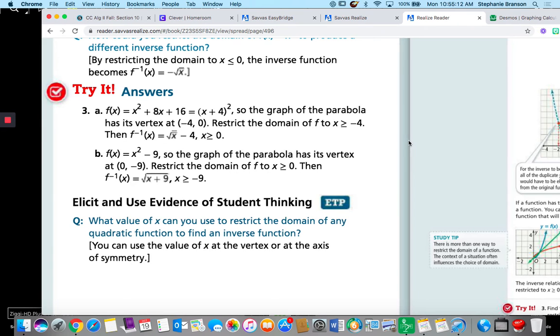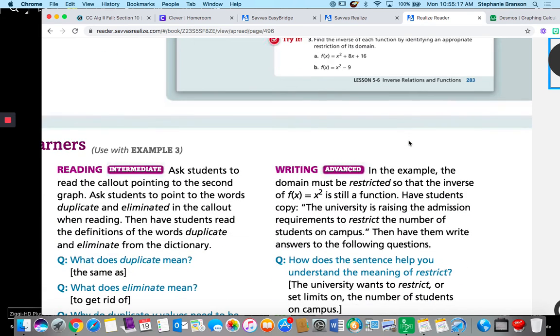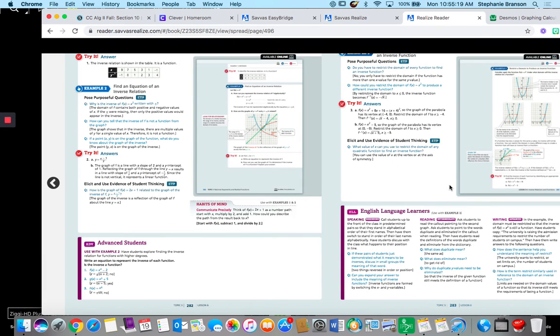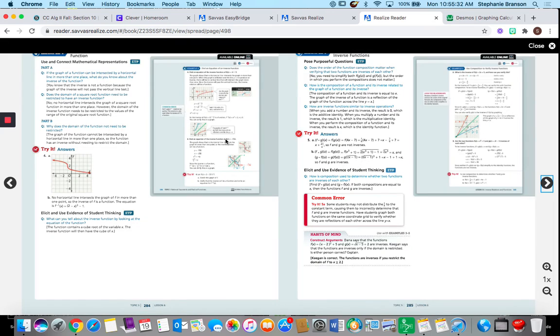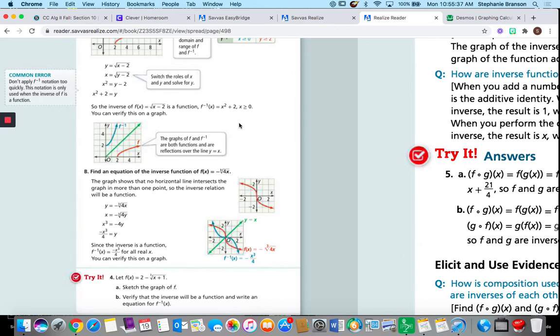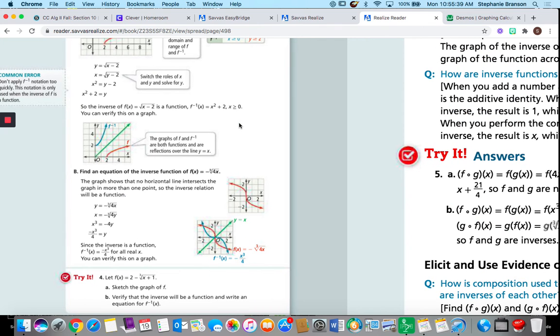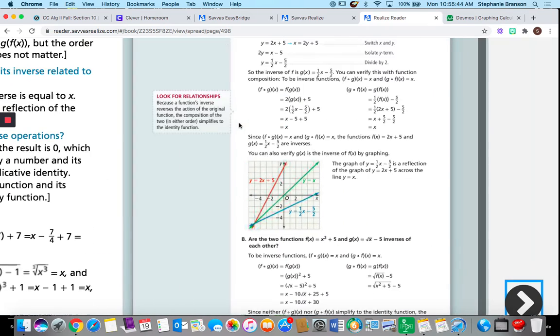Alright, so if we go back and look at what our actual book tells us to do here. Well, we already found our equation there. We're on this example here.